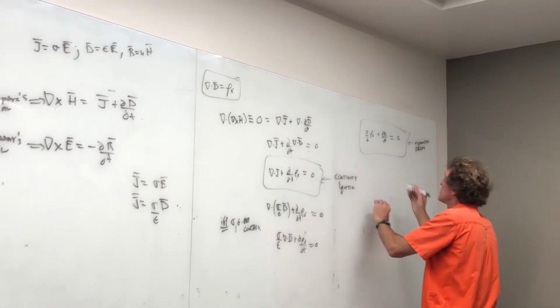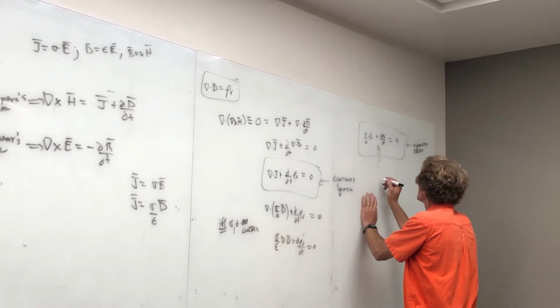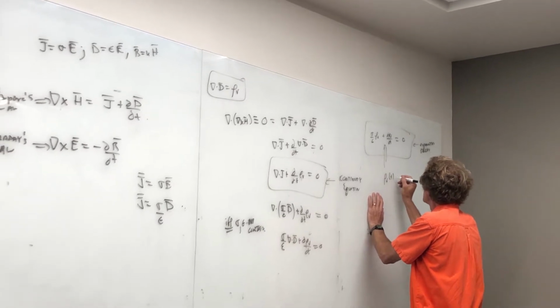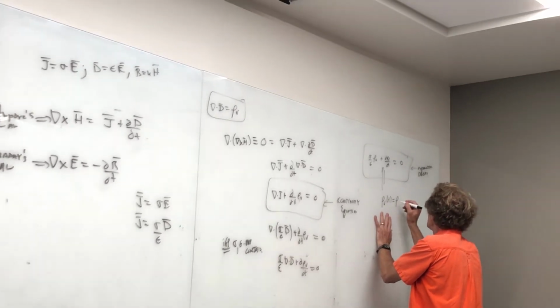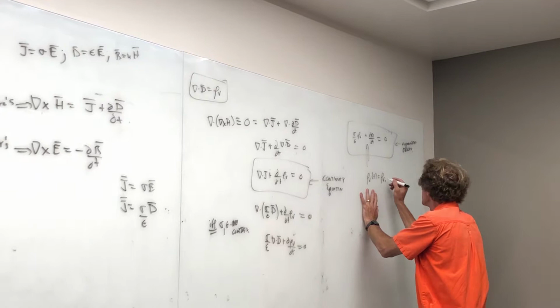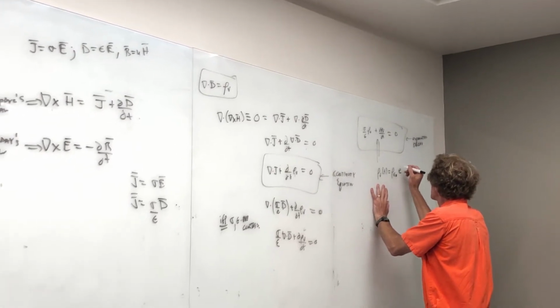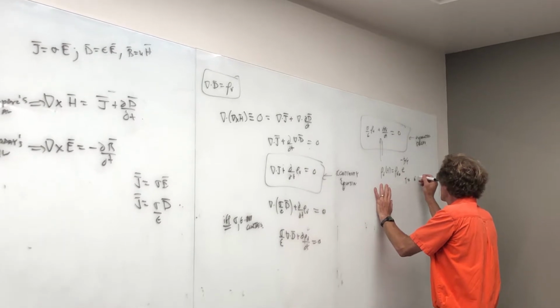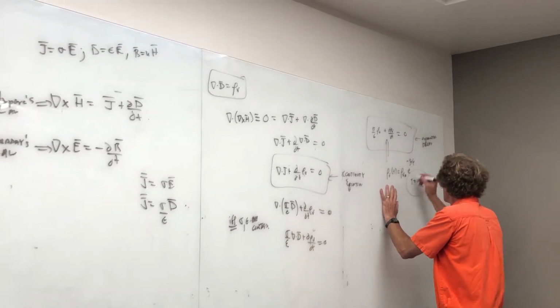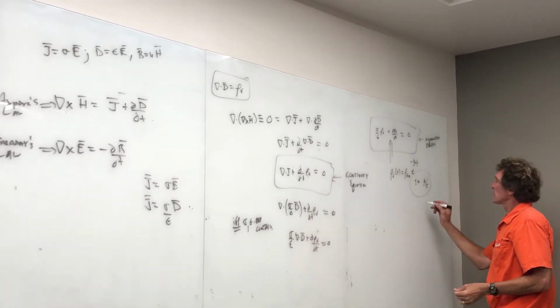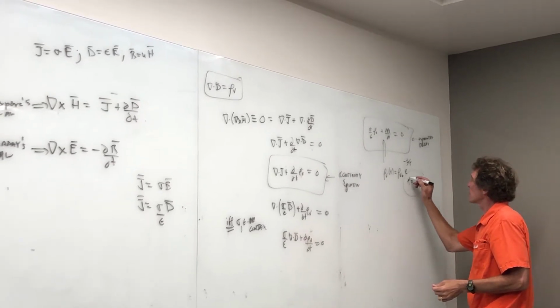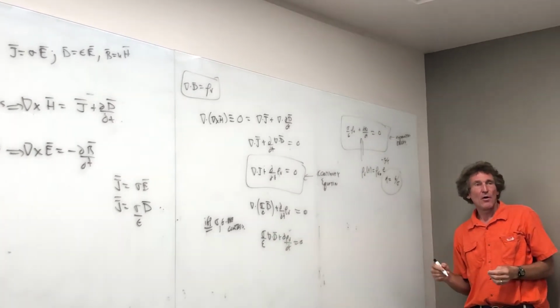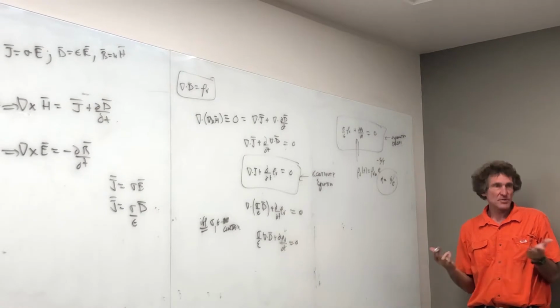And here's what I mean by this. The solution to this one is just rho V of t is equal to some rho V naught, some initial value, times e to the minus t over tau. And tau here is simply epsilon over sigma. This is like RC. Remember when you had a time constant, RC was a time constant?